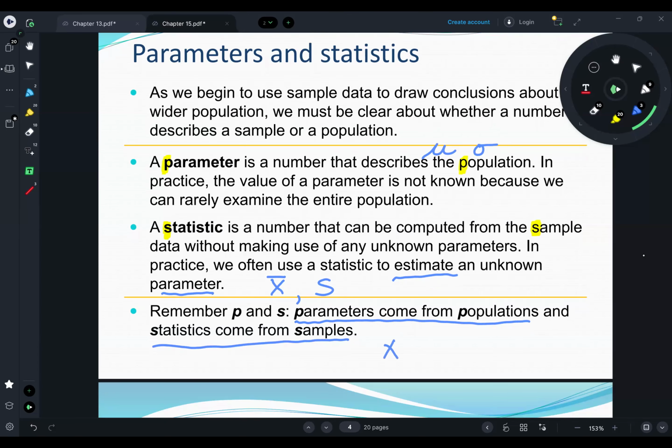So X bar estimates mu and S estimates sigma. Sorry, S doesn't estimate itself, it estimates sigma. These are the parameters, these are the statistics. Yes.